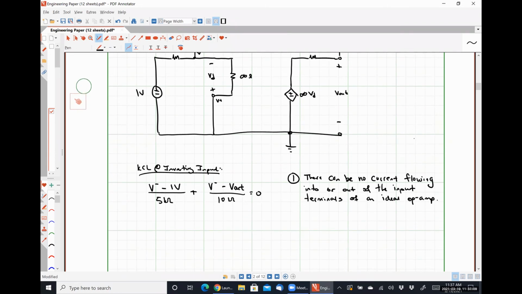Now I'm going to do Kirchhoff's voltage law at my output, okay? So not Kirchhoff's current law, Kirchhoff's voltage law.